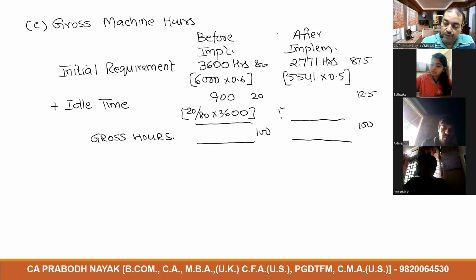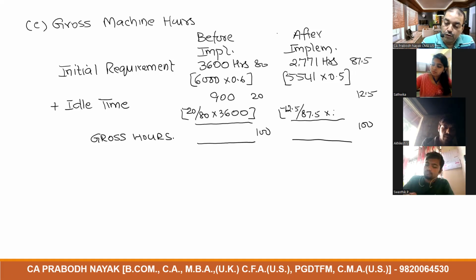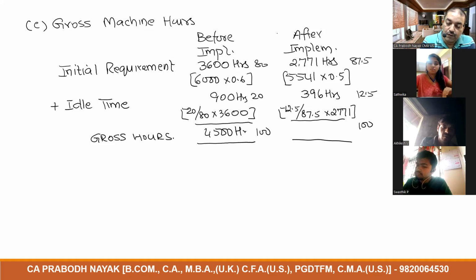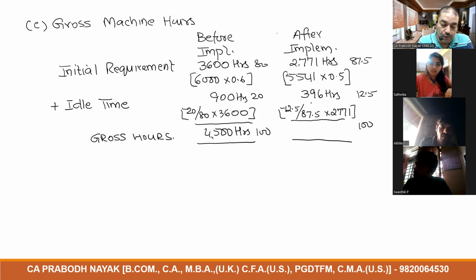So 12.5 divided by 87.5 into 2,771 is 396 hours. 36 plus 9 is 45, 4,500 hours. And 3,167 hours.